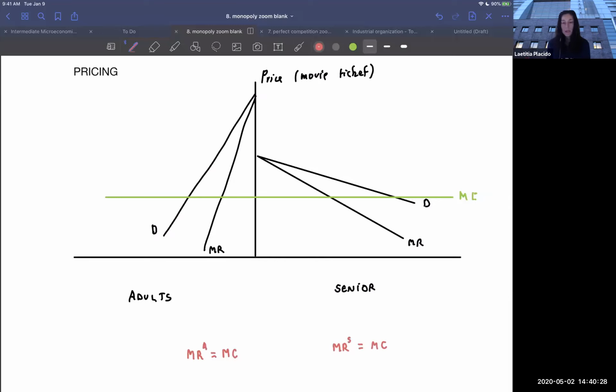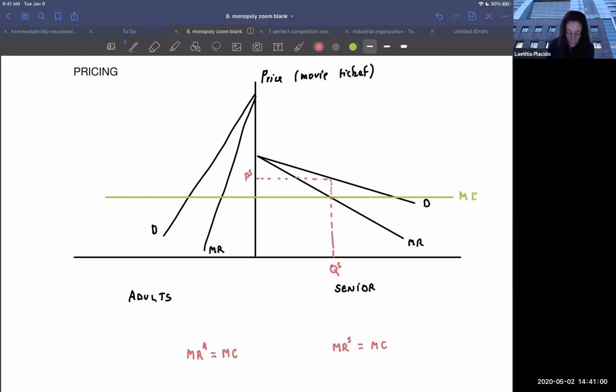So here, I really use the same rule that is used by a regular, single price monopolist. It's just that I'm applying it to the different markets. So let's look at the result. Marginal cost equals marginal revenue, so the quantity to seniors is QS, and the price charged to seniors is going to be PS.